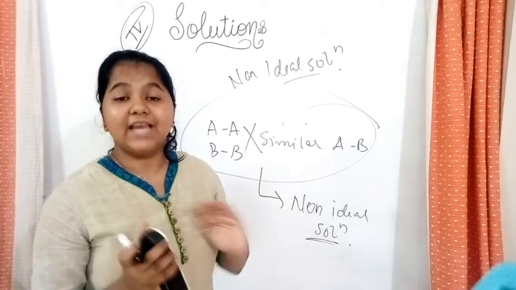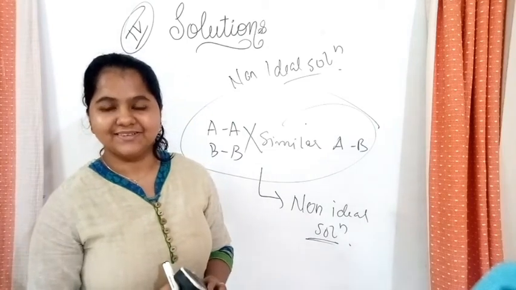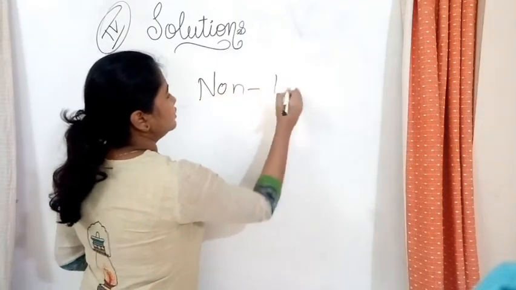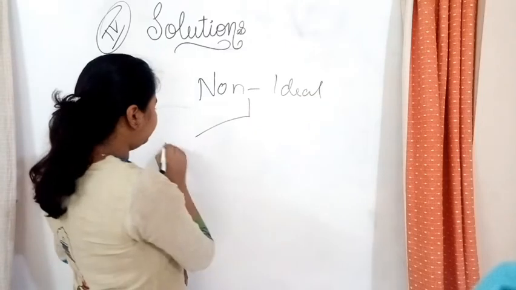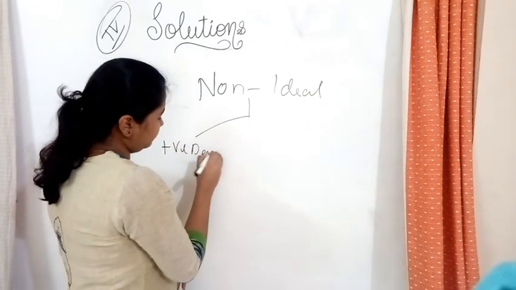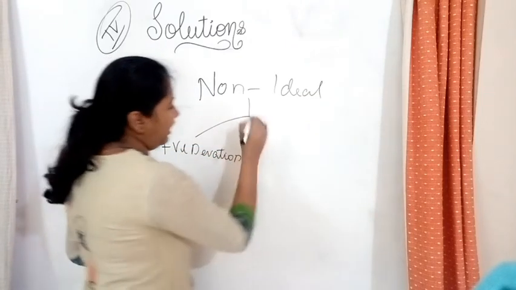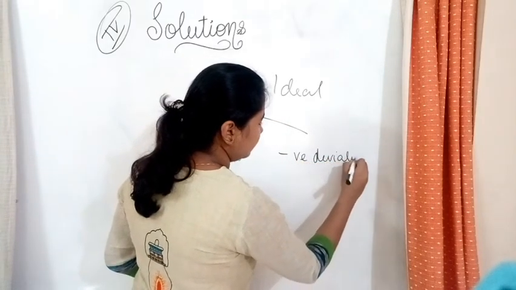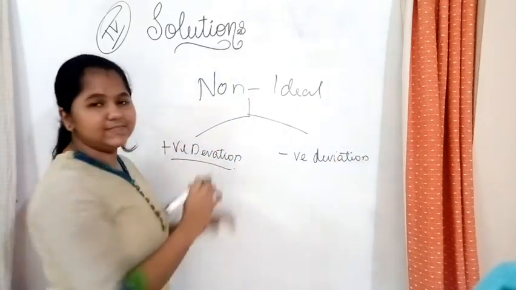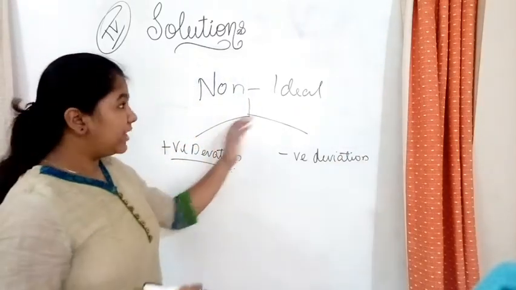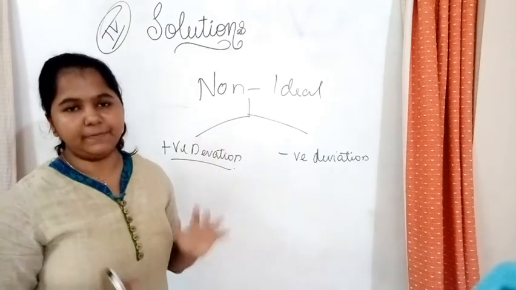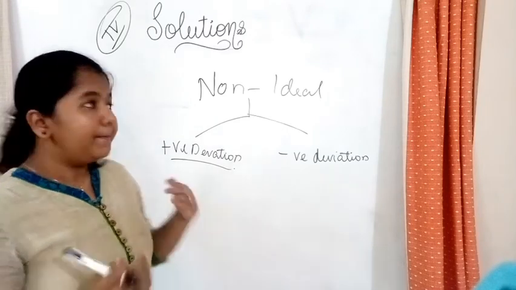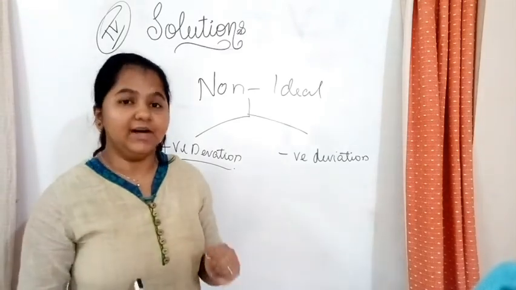Let's see the classification of non-ideal solutions. We will discuss the 2 types of non-ideal solutions: positive deviation and negative deviation. To be called positive deviation, assume the vapor pressure of the liquid is calculated by experimental methods, but by Raoult's law we also calculate the vapor pressure.